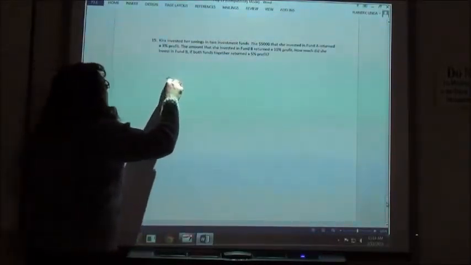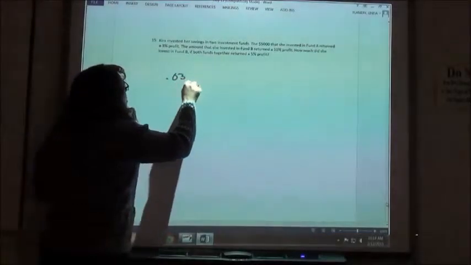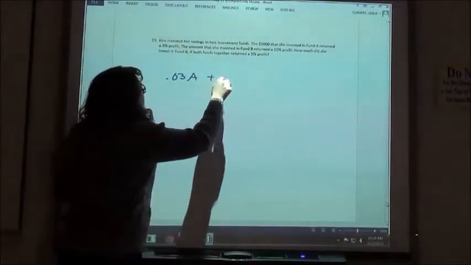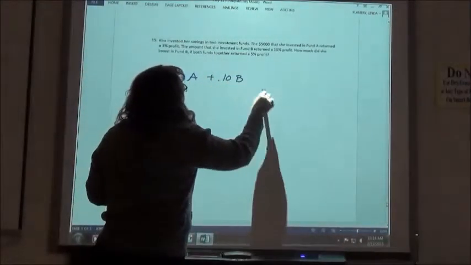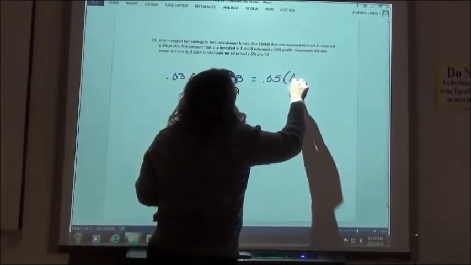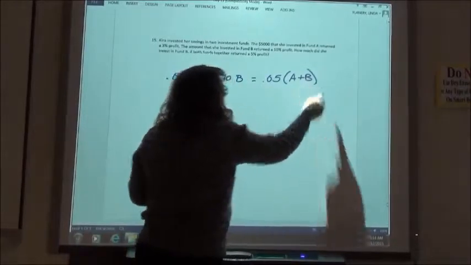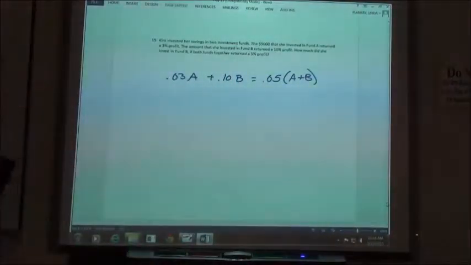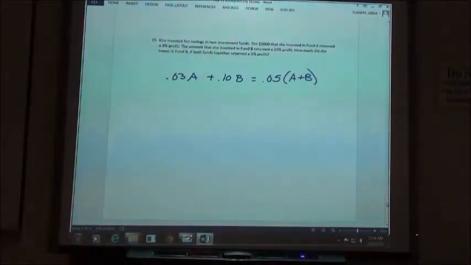So we had 3% on A and 10% on B, and we got a profit of 5% on both of them together. Both of them together would be A plus B. So 3% of A plus 10% of B gave us a profit of 5% on both of them together.